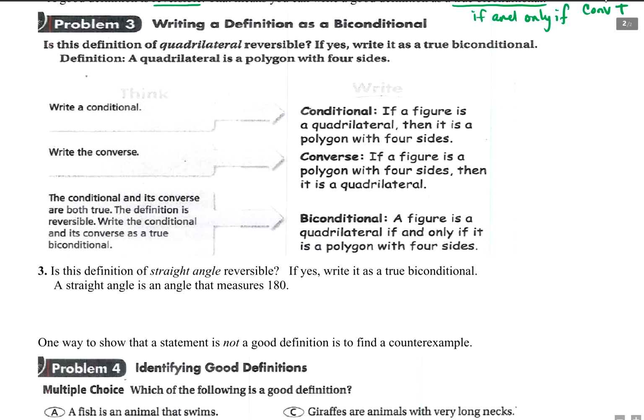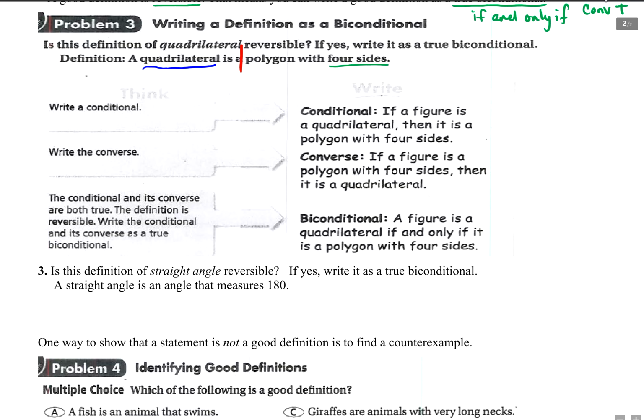Well, quadrilateral and four sides. So we have the idea of a quadrilateral, and we have the definition is four sides. Now we're going to figure out how to fit the word polygon in there. Remember, sometimes we have to add some words and move things around to make nice sentences.